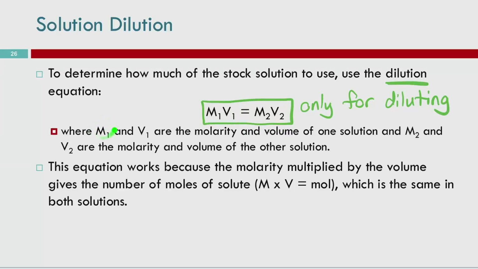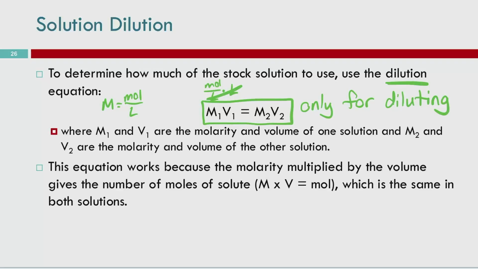So that capital M is molarity, the capital V is our volume. Molarity is moles over liters, liters being a unit of volume. So if we take moles over liters and we multiply that by liters, what's left is moles.